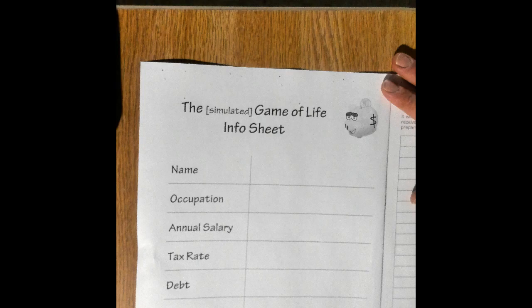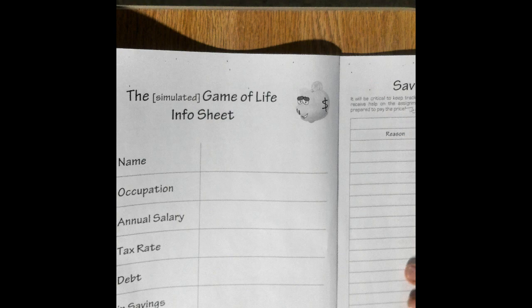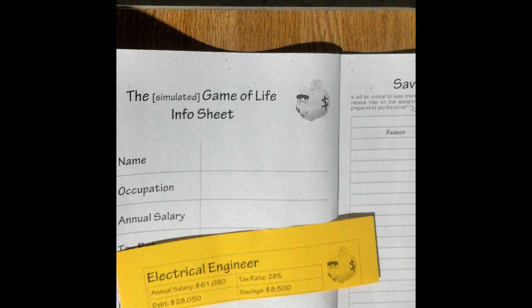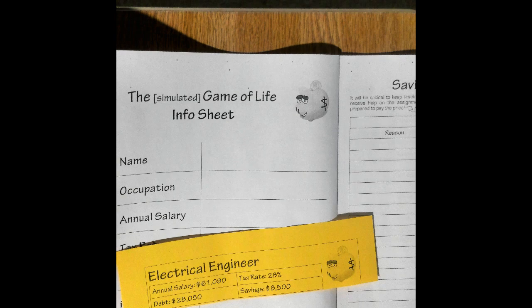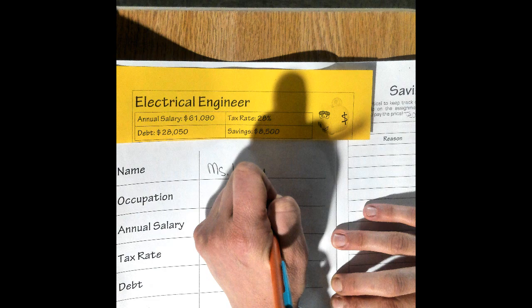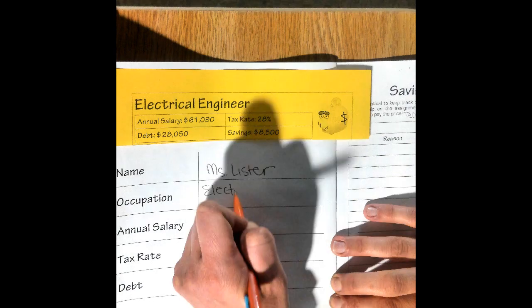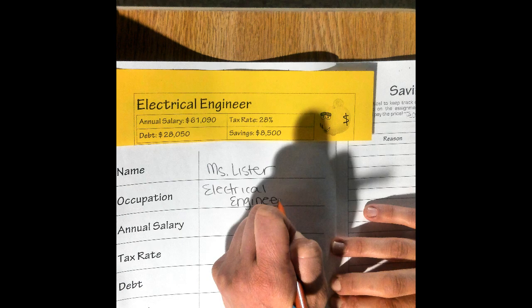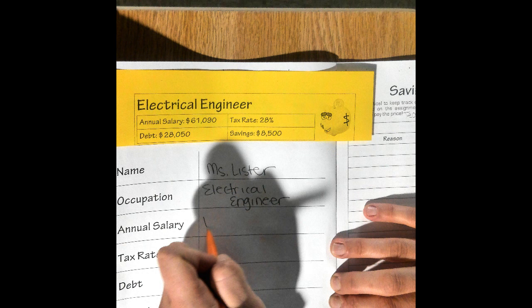So my simulated job, I'm going to get a little slip from my teacher as such, and my job is an electrical engineer. So that's a pretty good job. I'm going to write my name, my occupation, my annual salary is $61,090.